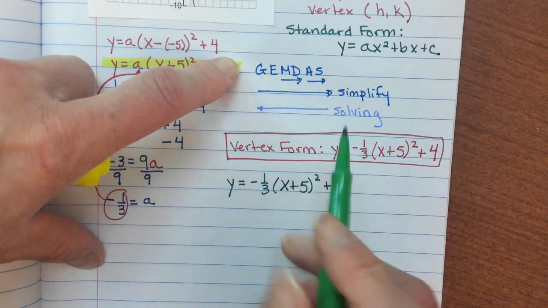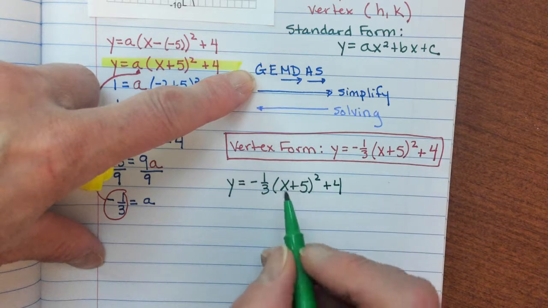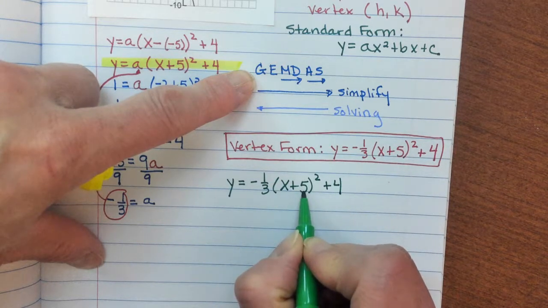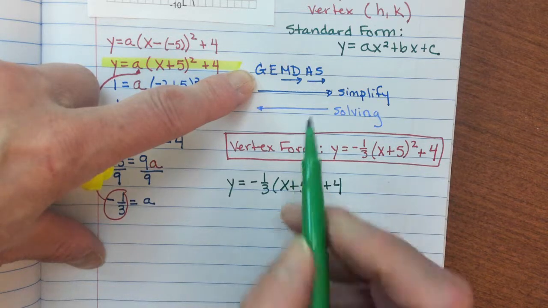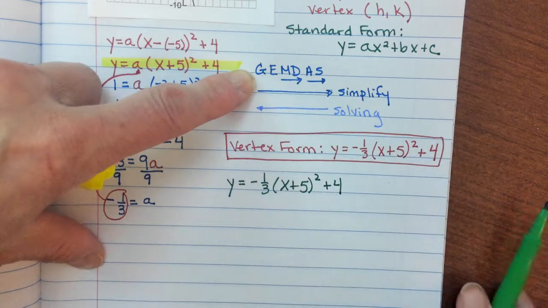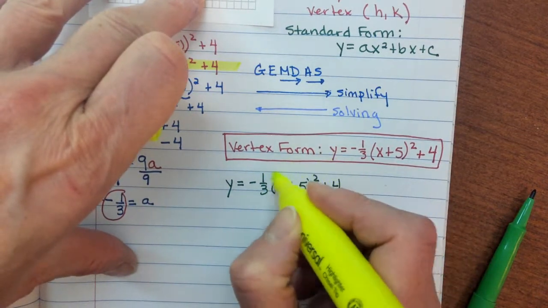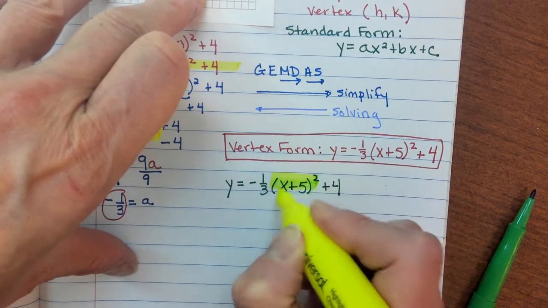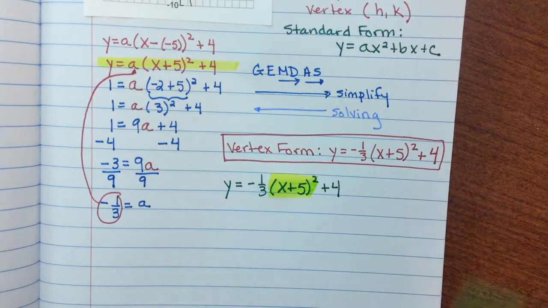So I'm simplifying, which means I'm going to look for anything being grouped first. I have x plus 5, that's being grouped, but I can't combine them because they're not like terms. But I have this exponent that happens next, which means I need to do this yellow part right here next. So let's write out what that actually looks like.